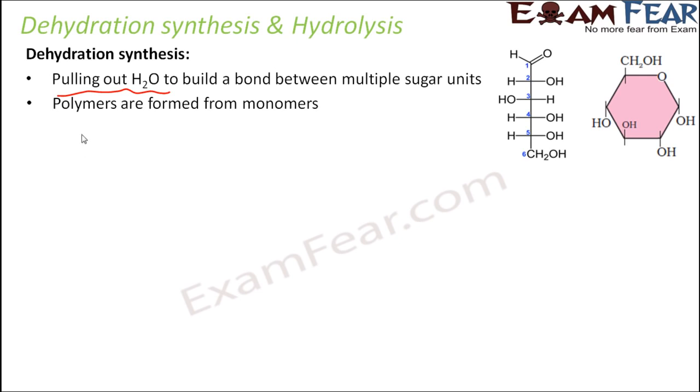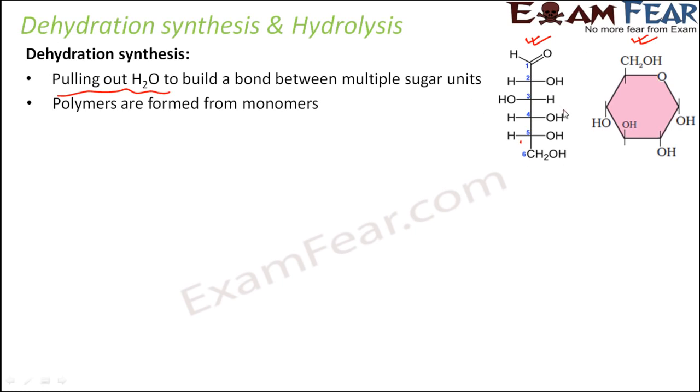Let us take one example. Here you can see the structure of glucose. Both of these are structures of glucose. This is the open structure and this is the closed or cyclic structure. We'll get into those details later. For now, just understand that this is the structure of glucose. Now, if you bring two glucose molecules together, what will happen? You will have one molecule like this and another molecule like this.